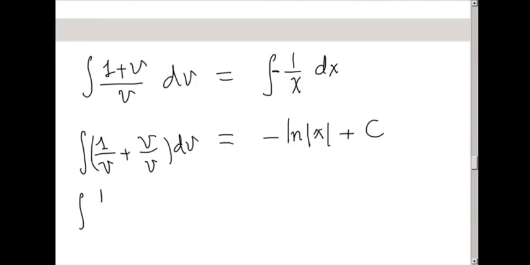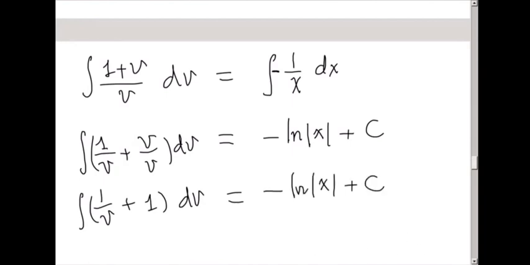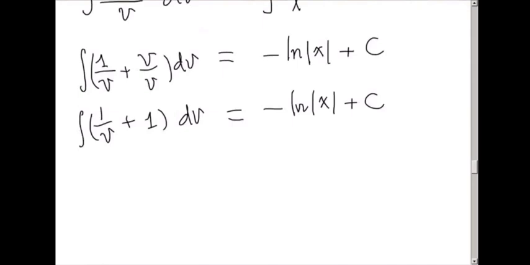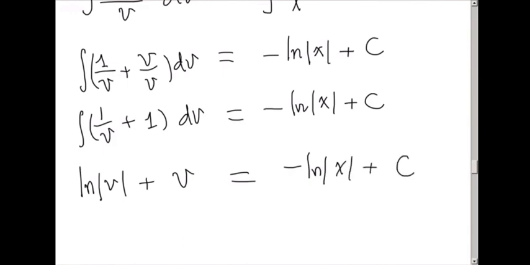And so we have the integral of 1 over v plus 1 dv, and on the right hand side we still have minus log of x plus c. Now once we have written it in this form, the antiderivative is easy to do. That's natural log of absolute value of v plus v equal to minus natural log of x plus c.